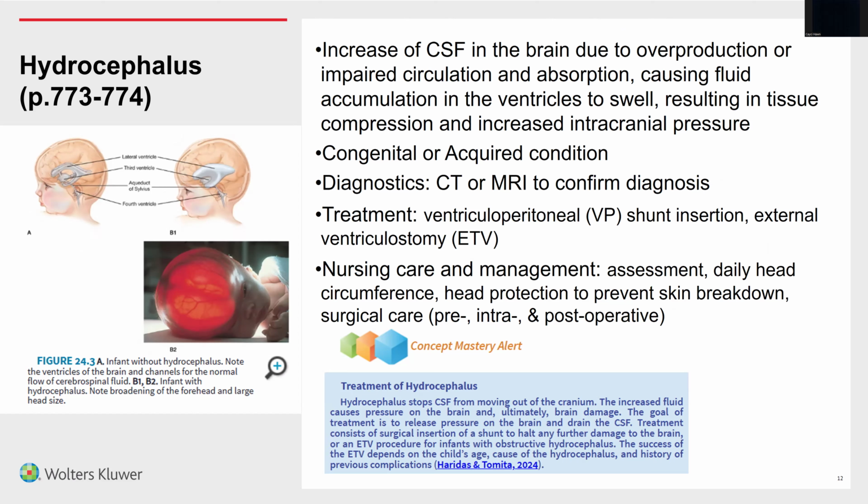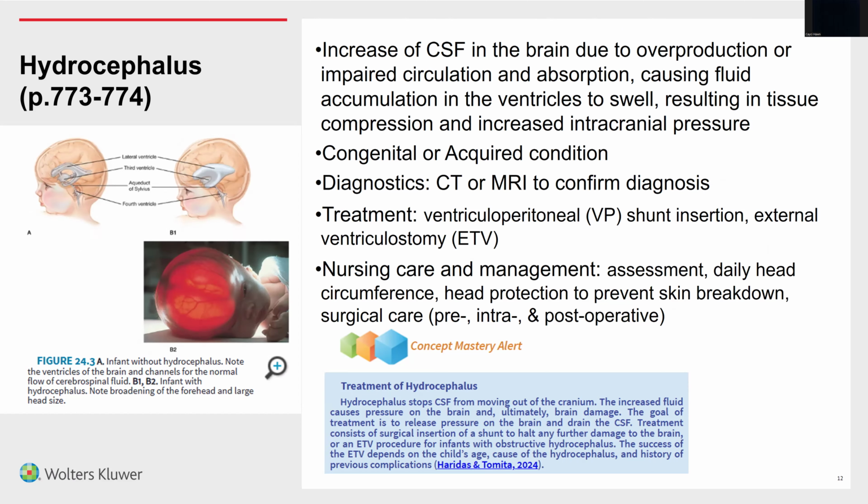So hydrocephalus stops that cerebral spinal fluid from moving out of the cranium. And our goal is to release the pressure on the brain and drain the CSF. Because if we don't, that pressure on the brain will ultimately cause brain damage.